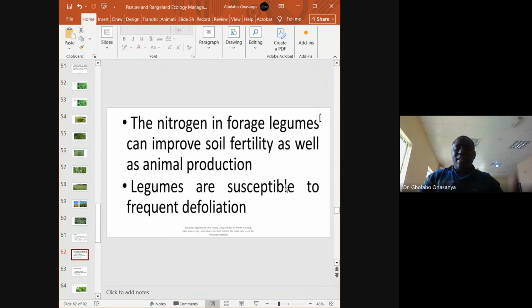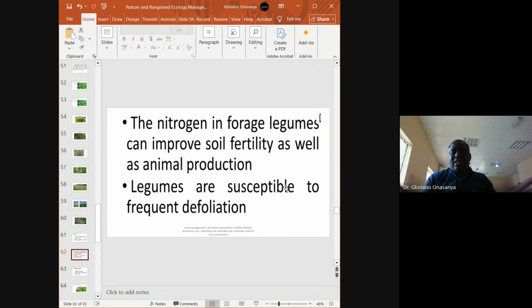So anywhere you plant legumes, it improves soil quality. It fixes nitrogen into the soil. And if you do crop rotation, you plant legumes in this plot of land this year, the next time you plant any other crop, for instance maize, you will do far better because the previous planting of legumes has fixed nitrogen into the soil. And our soya bean is a legume. Our beans is a legume.